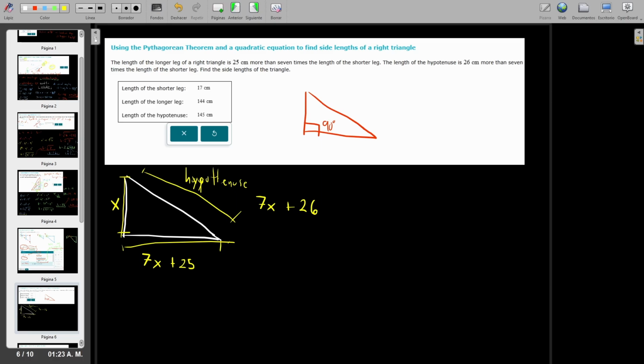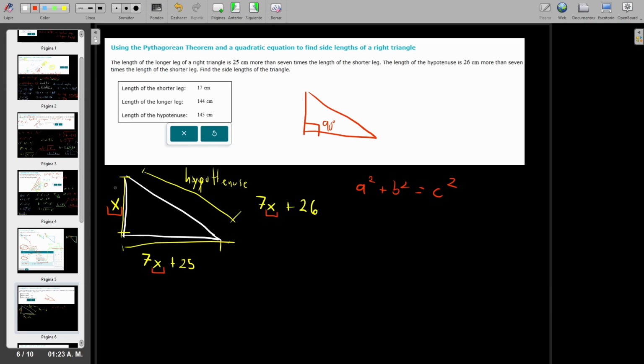Now we need to find the values of all three sides. How can we begin? By finding the value of x, and then substituting that value in this part. How can we do this? Again, Pythagorean: a squared plus b squared equals c squared.